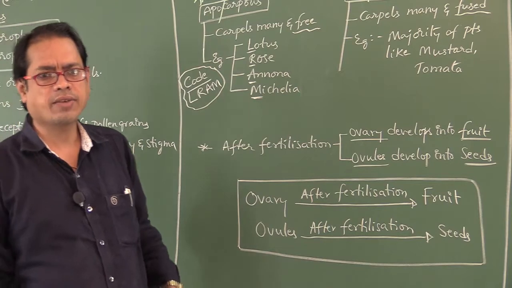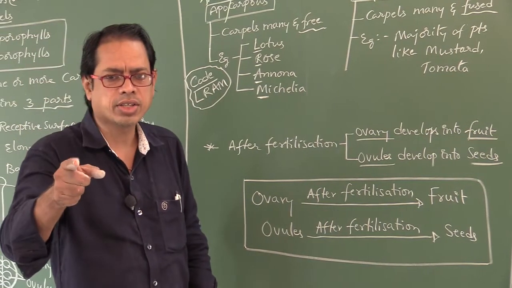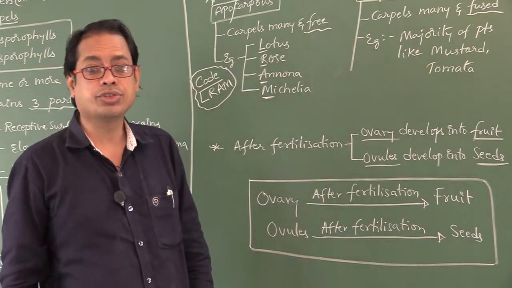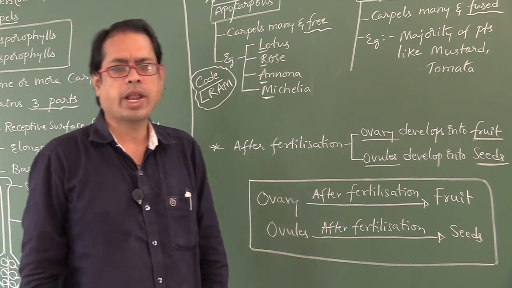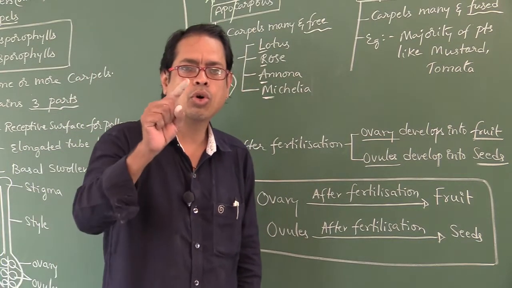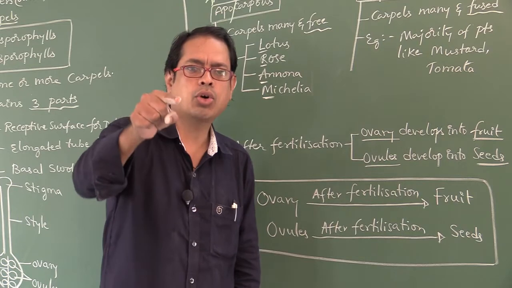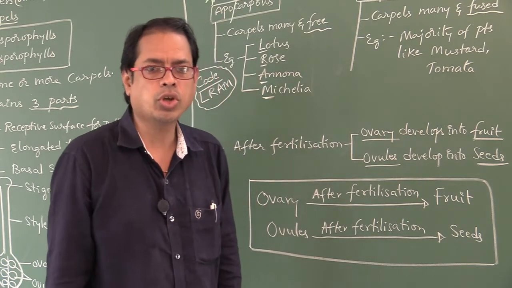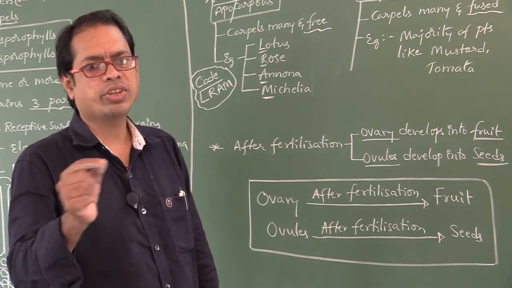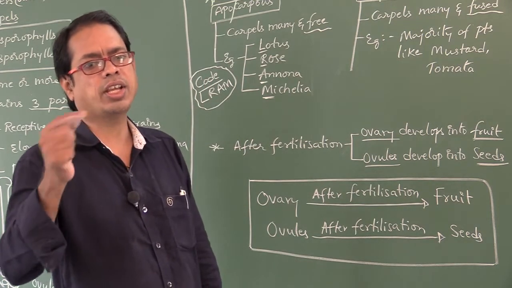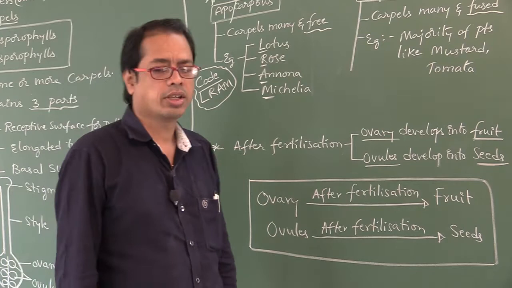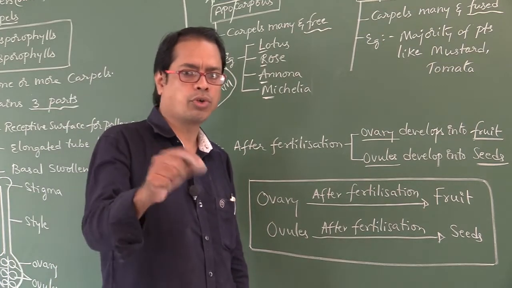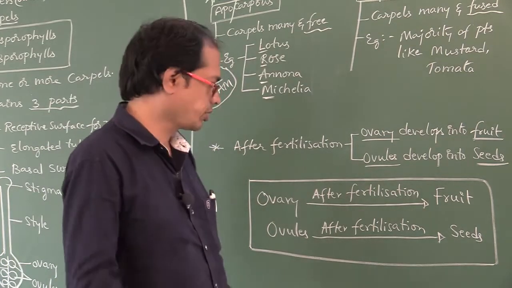The plant group having only seeds, without ovary and without fruit, is called gymnosperms. The plant group having both fruit and seeds is angiosperms.